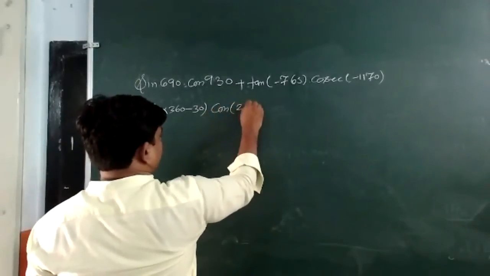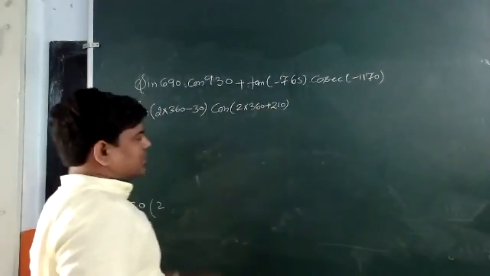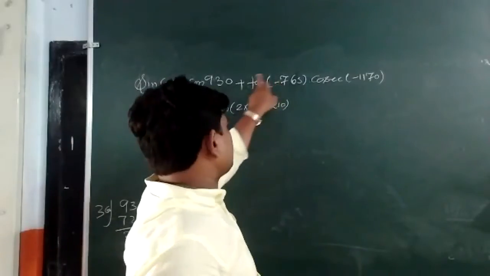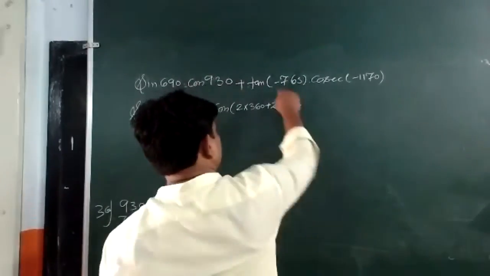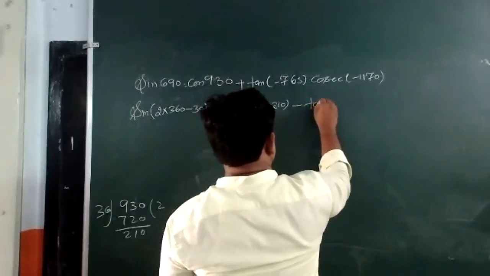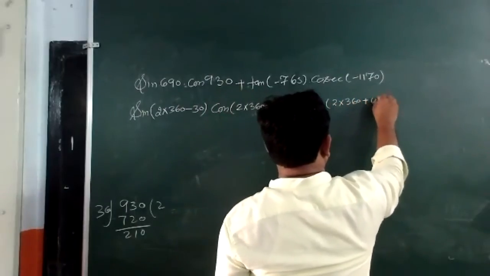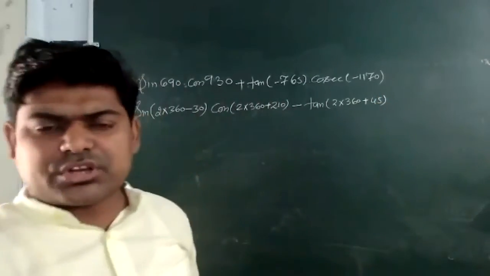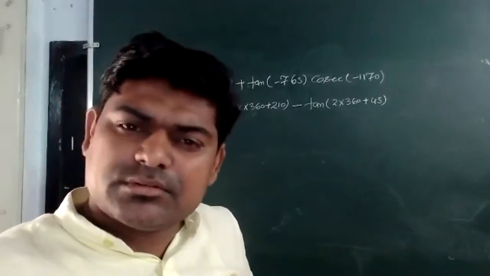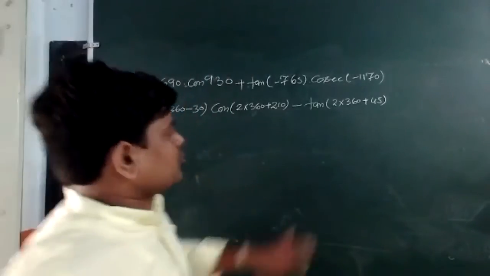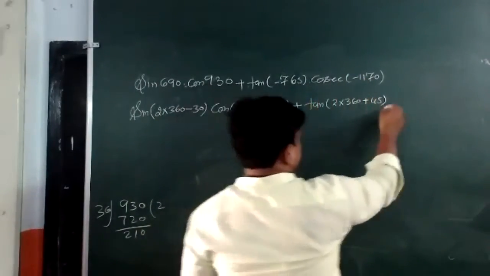So cos of 2 into 360 plus 210. Here you can see that first of all the minus will come outside. I will take minus. Then 765 can be written as 2 into 360 plus 45, since 2 into 360 is 720, and 720 plus 45 is 765. Moving to this one, again this minus will come here and make it plus.